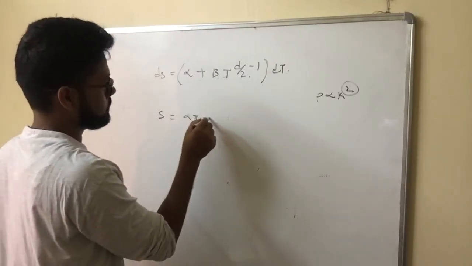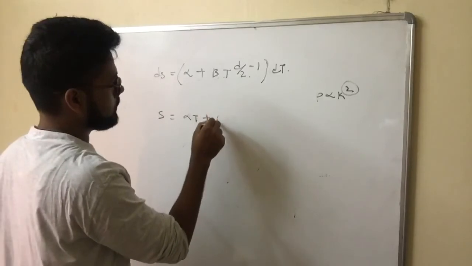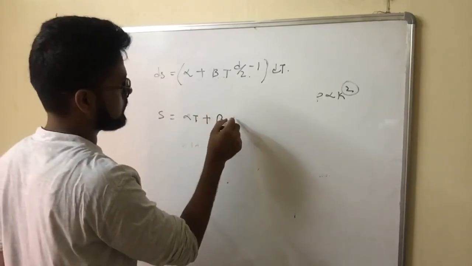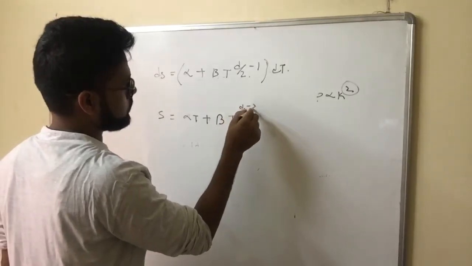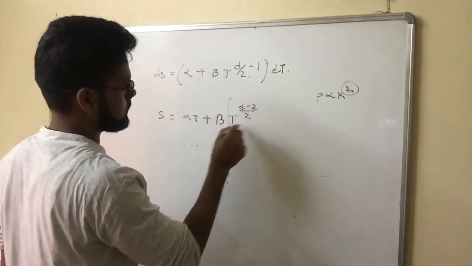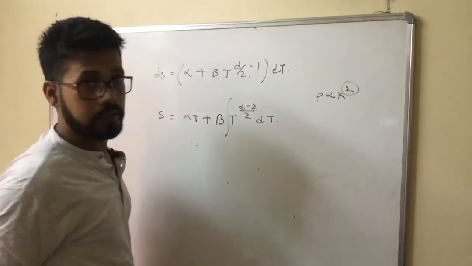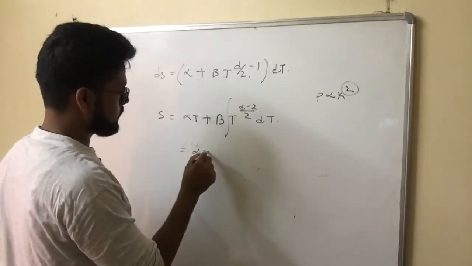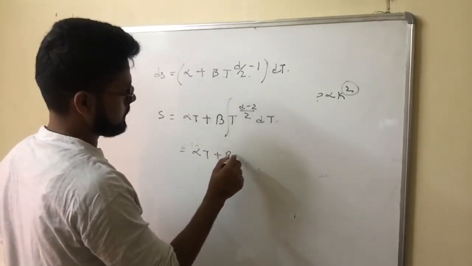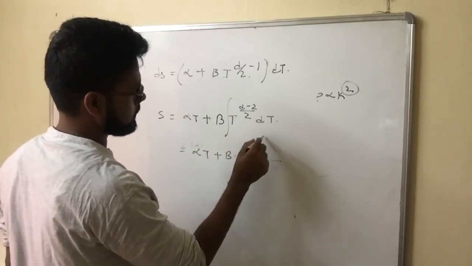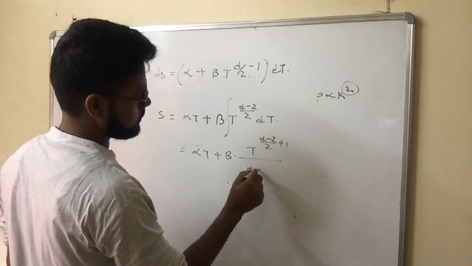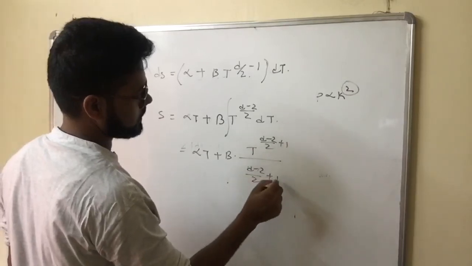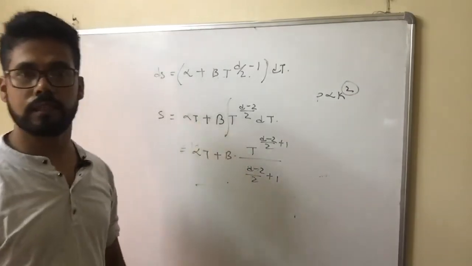So it will be S equal to alpha T, then beta into T^(d/2), integrated over dT. It gives alpha T plus beta into T^(d/2 plus 1) upon (d/2 plus 1). Then it is simple, this is the calculation.